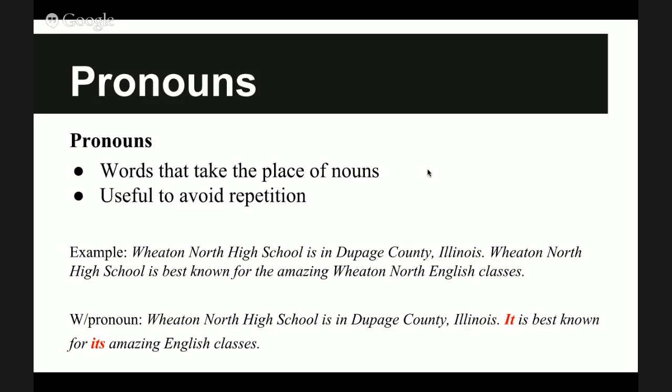In the second sentence, it is used both as a subject, "it is best known for its amazing English classes," and also in the possessive, "its amazing English classes." And we'll talk about those different types of pronouns that you can use.